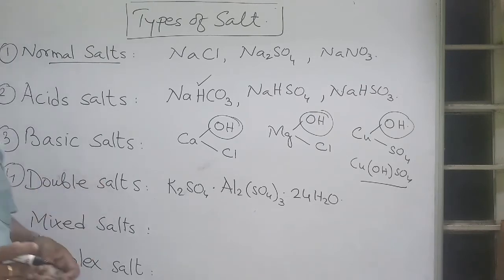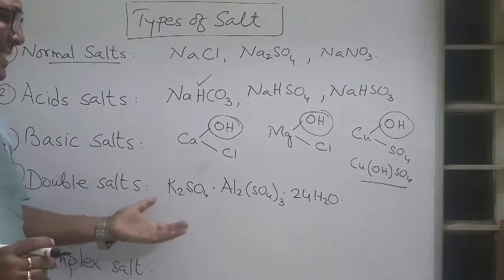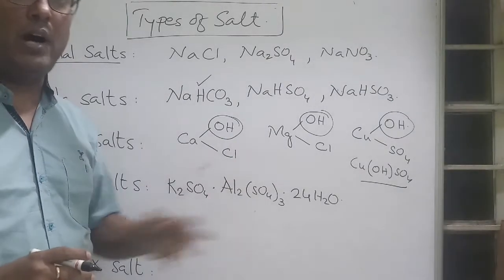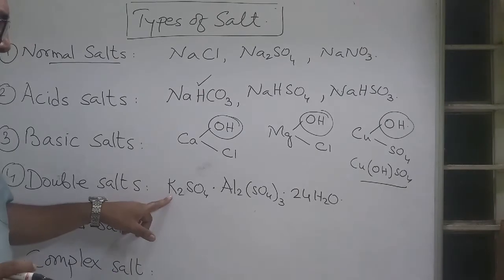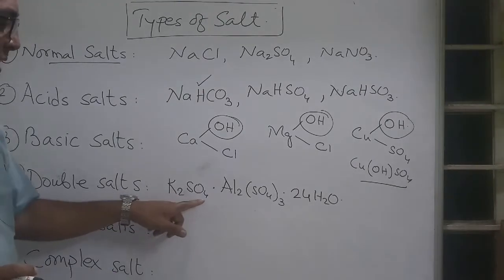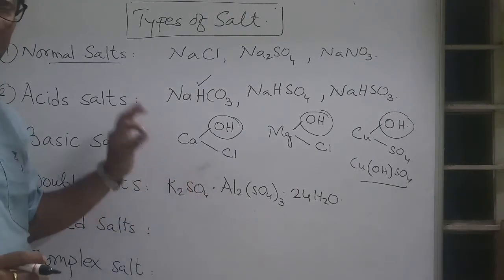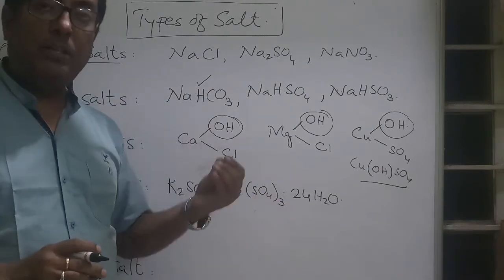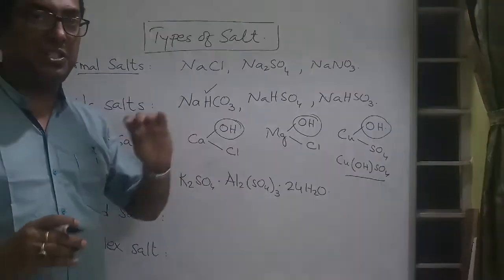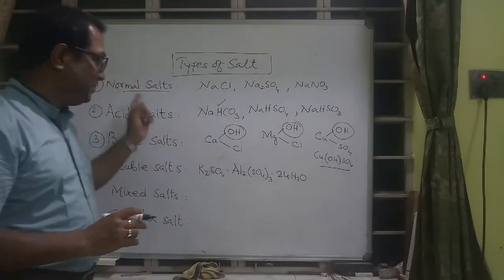How can we understand the presence of the double salt? You just add this type of salt in water. When you add it in water, it will have the ions of potassium, sulfate and aluminium. So all the constituents form ions. This is how we discriminate it from the others.